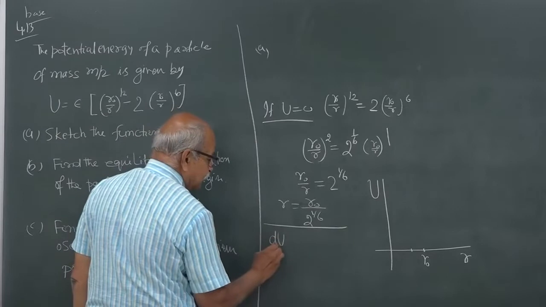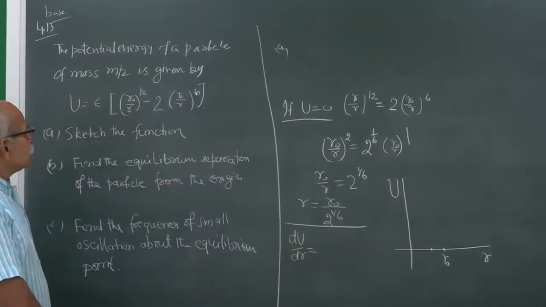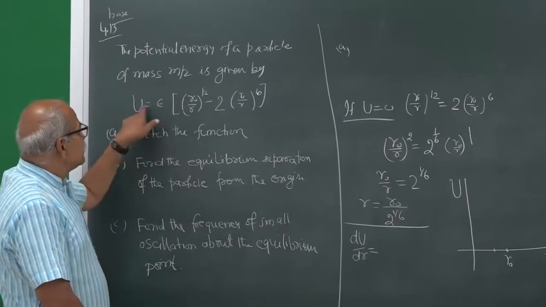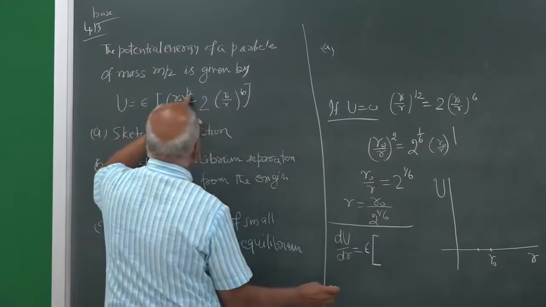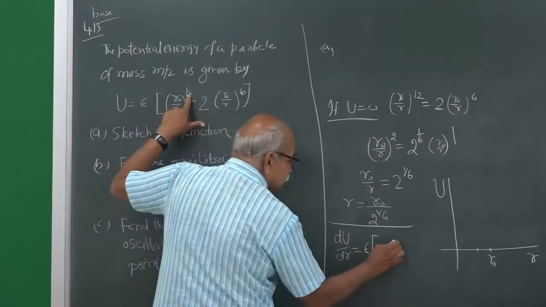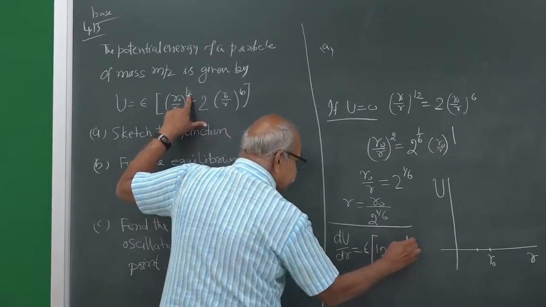So, let us look for du dr. If you differentiate, it will be epsilon here, then 12 times r naught by r to the power 11.